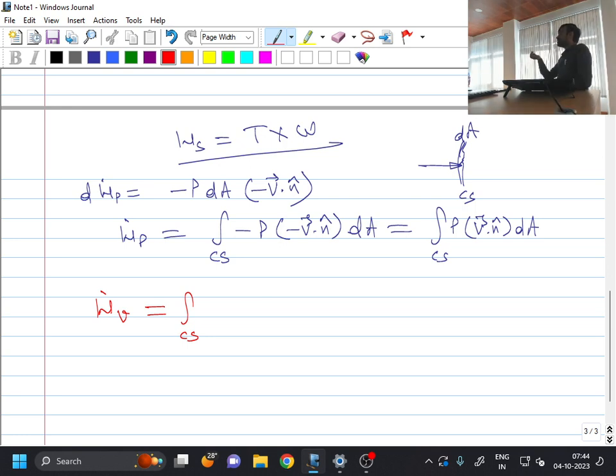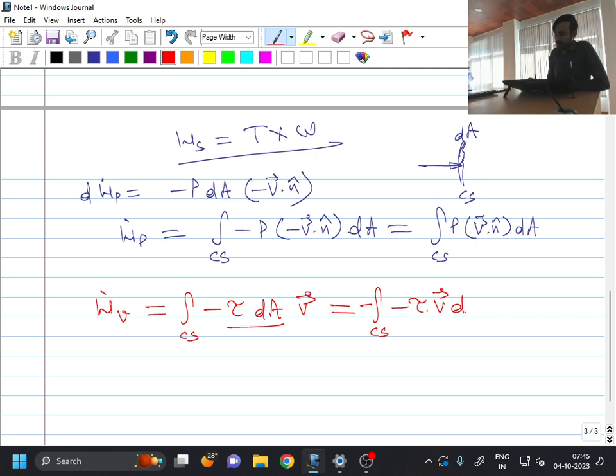If tau is the viscous stress, then the viscous force will be tau times dA. So minus tau times dA is the viscous force, and this also has to be multiplied with the velocity vector. So ultimately I will get minus the integral over the control surface of tau dot velocity vector into dA. Okay, so this is my viscous work.